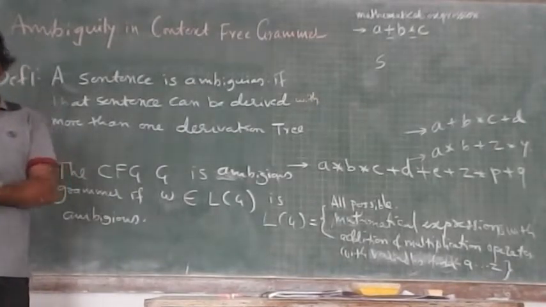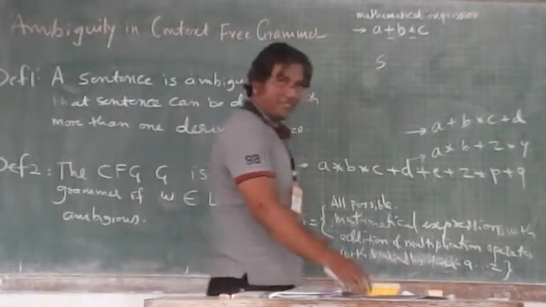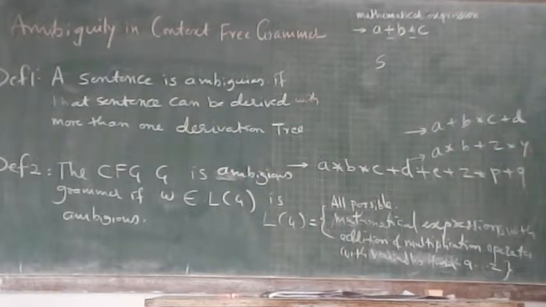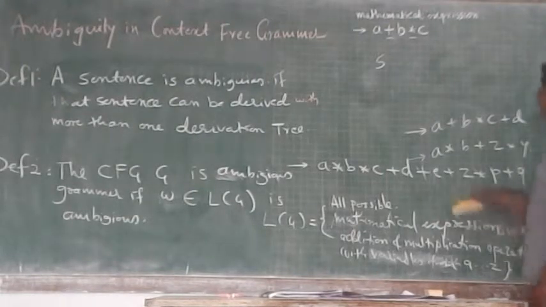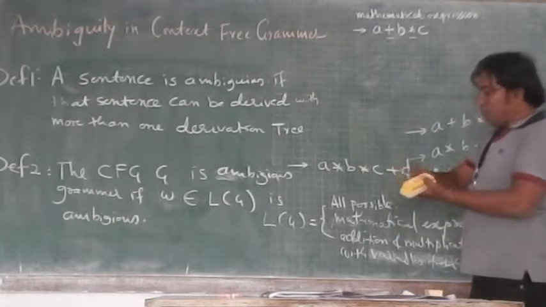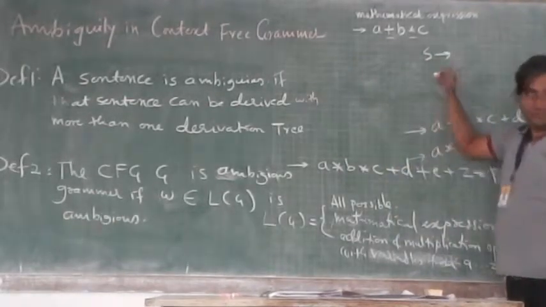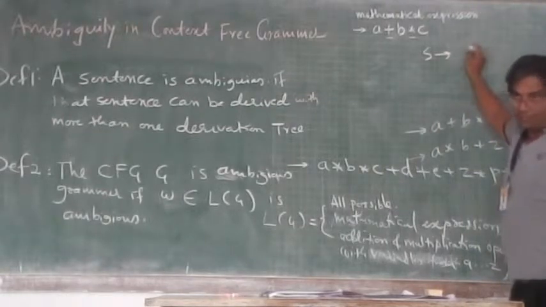Have you made it? Tell me. I think we saw it last time, when we were studying the ambiguity, at that time we had discussed this grammar. So in which way can I have it? S implies what?